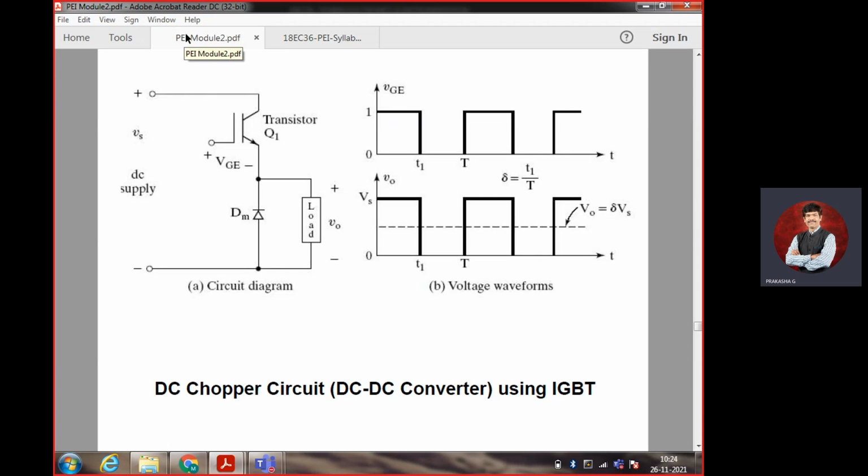So my V naught, output voltage, which is almost your VDC. What is the input voltage we are having? I am going for. Assume I switched on at 0. My time interval is 0. At 0 time, I switched on my switch.